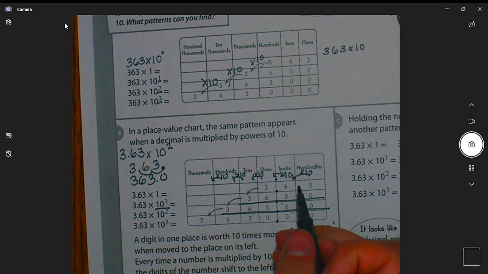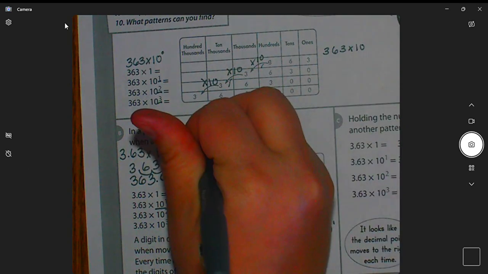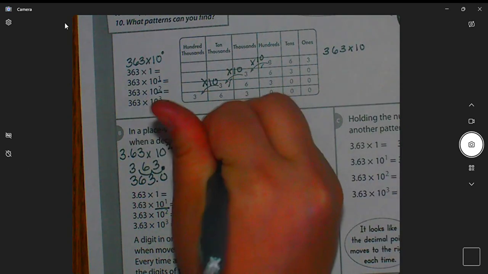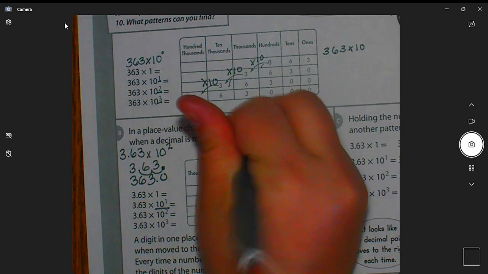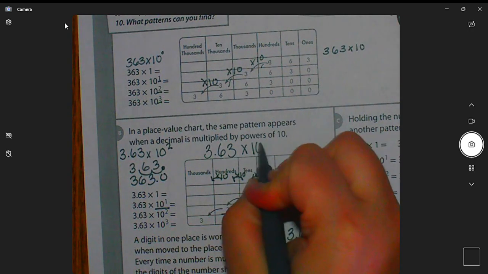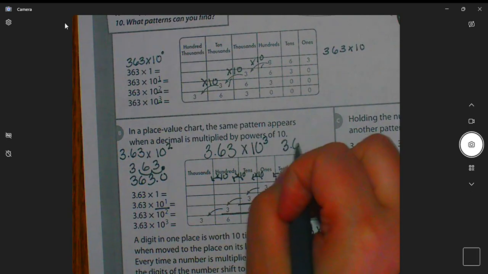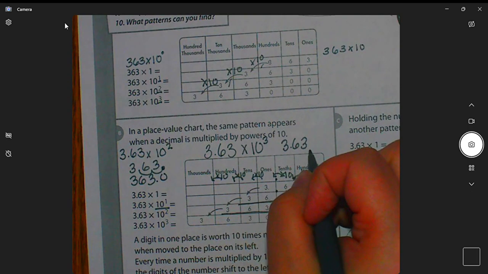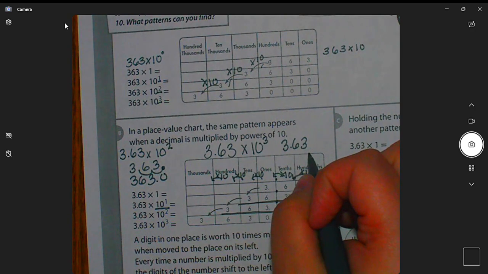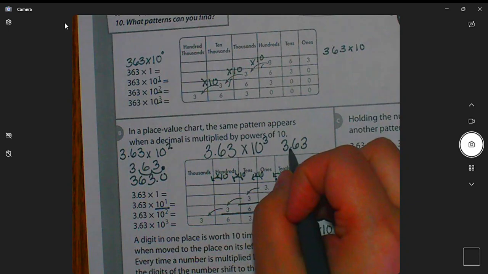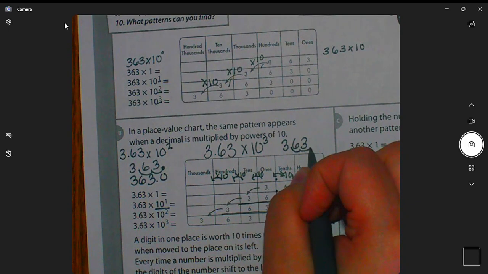Now, 3 and 63 hundredths times 10 to the third. So I'm going to write my number again. This is what I call a working number. A working number is just what I'm using to show my work. So I have 3 tens. 1, 2, 3.